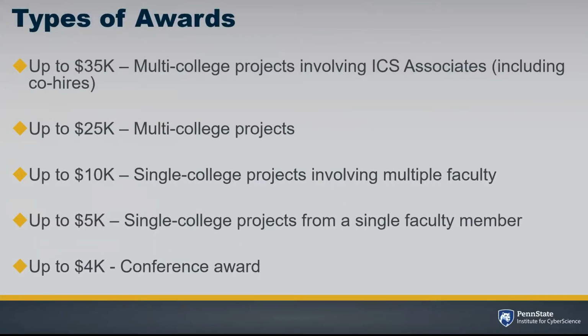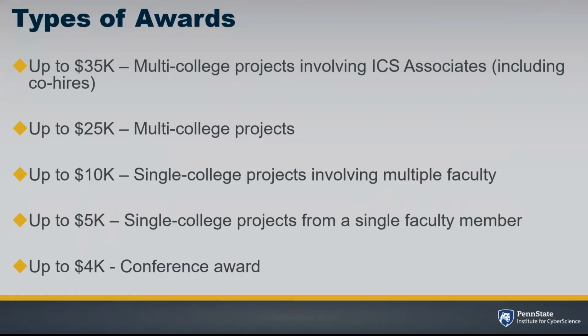The first one, which is a new award that did not exist last year, is up to $35,000. Those are multi-college projects that involve ICS associates. Co-hires are automatically recognized as associates. Then we have up to $25,000 for multi-college projects, and different university campuses will count as multiple colleges.